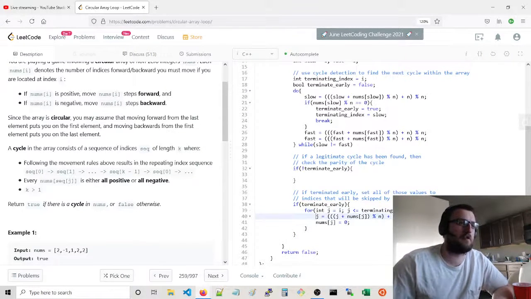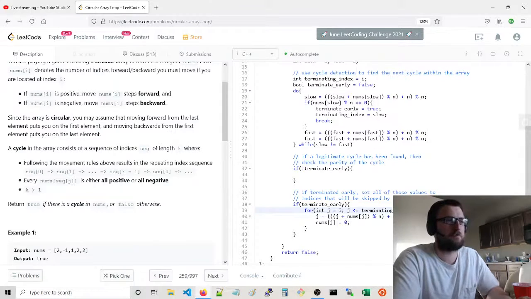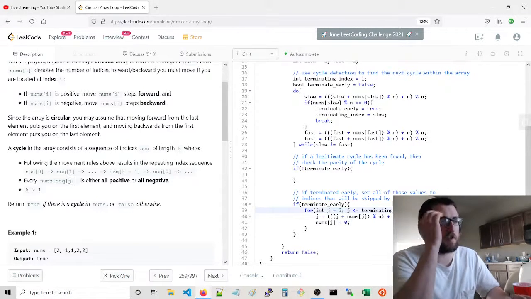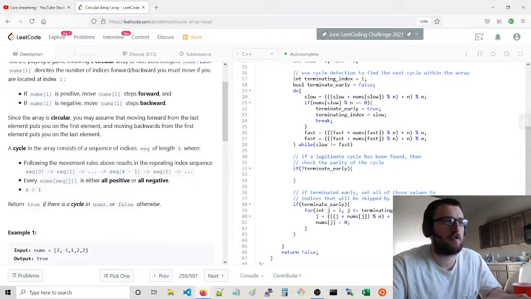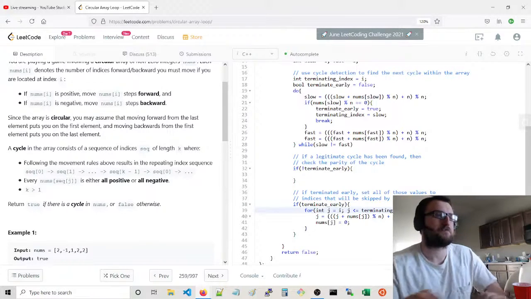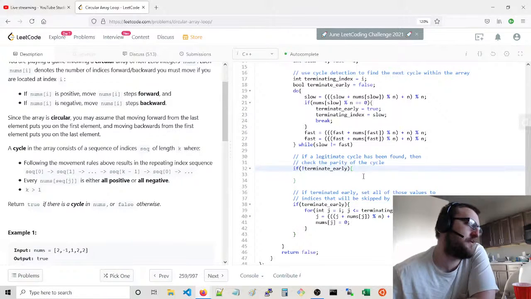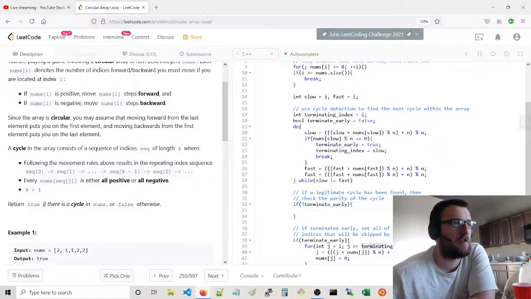You can actually just add this in here. That's fine. And then set terminate early to true. Right. Yeah, it doesn't really matter. You won't have a terminating index.